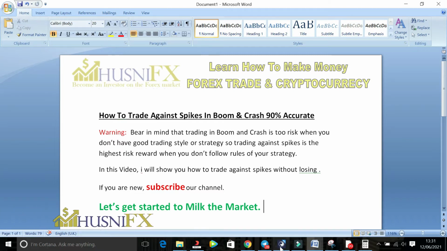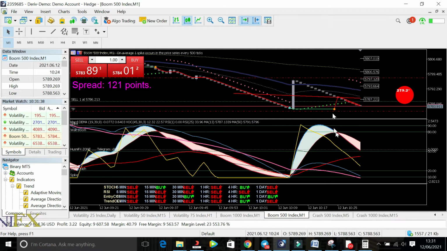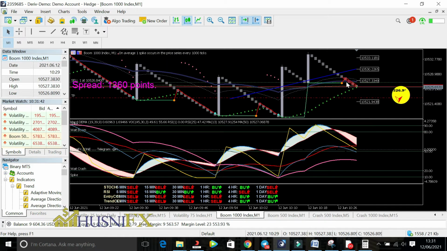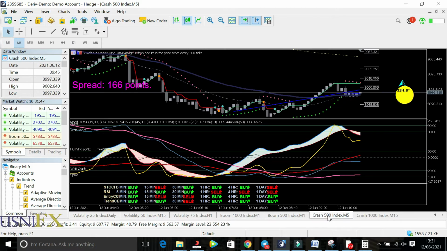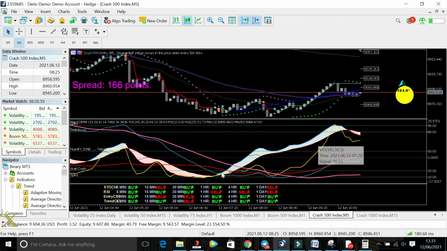Now you see that we have two selling signals, here and here. So we are selling boom, and we are buying crash. As you can see, there are no buying entries on this one.